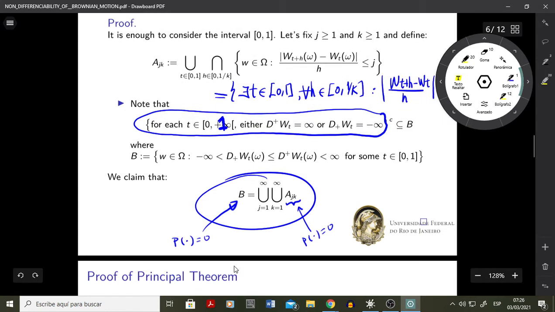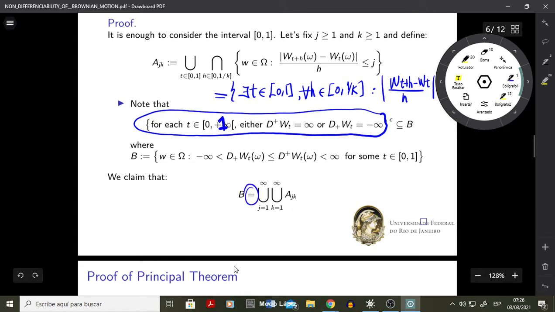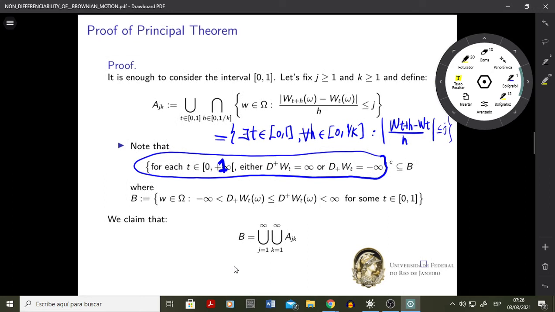Just to see why this equality holds, I'm going to speak a little about it. Note that the set V is where the right lower and upper derivatives are real numbers.